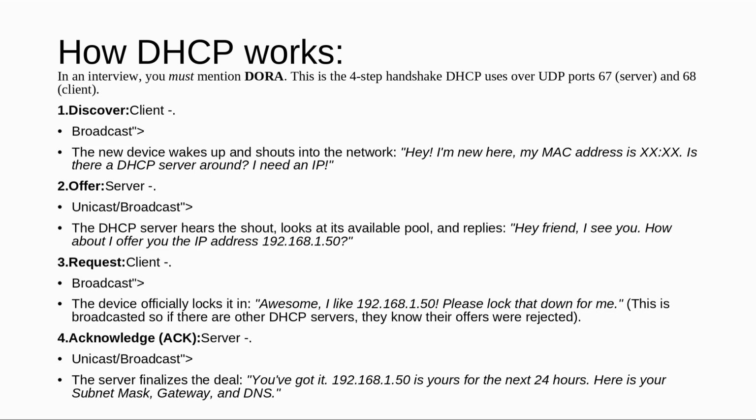After the acknowledgement, the server finalizes the deal. You get this IP for the next 24 hours, which is known as lease time. Here is your subnet mask, gateway, and DNS. Everything is given to you. This is how discover, offer, request, and acknowledgement is done.